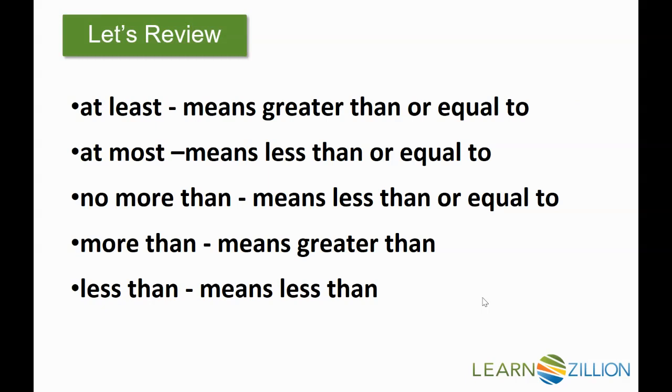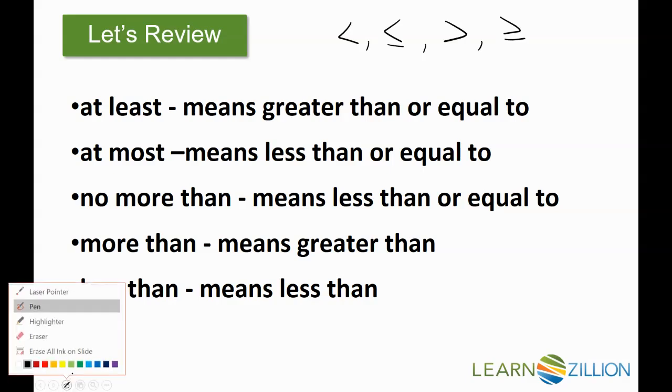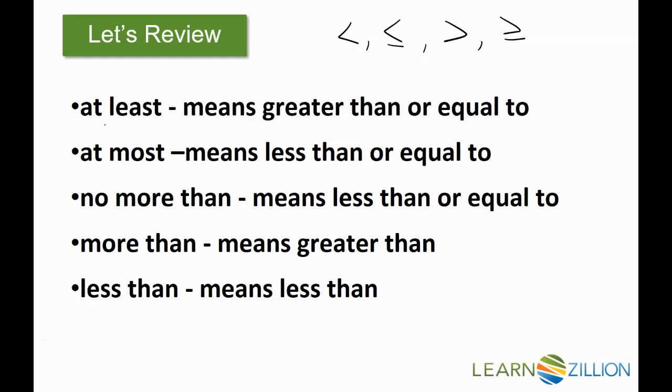Let's review. So remember, for inequalities, we have less than or equal to, we have greater than, and we have greater than or equal to, right? So at least is a really common verbiage for greater than or equal to.